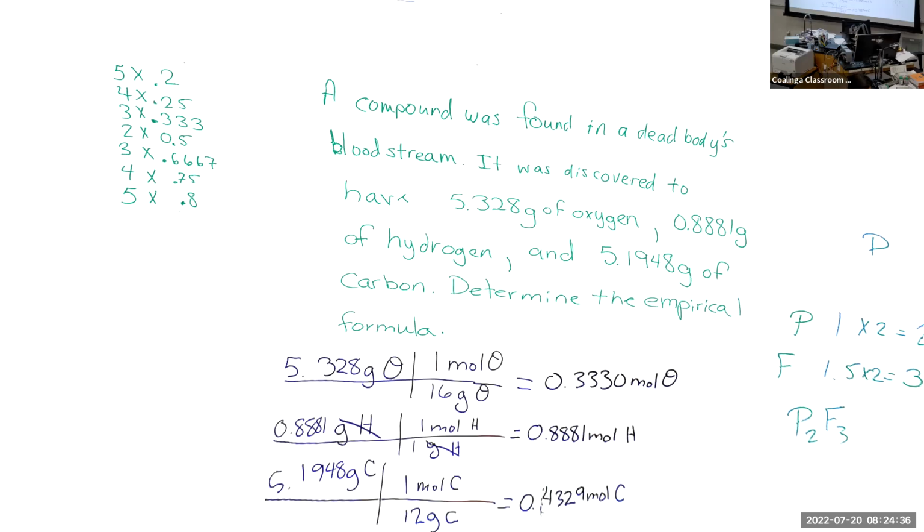Okay, so what's next? Divided by the smallest. The smallest is 0.333. Divided by 0.333, so you get 1 for oxygen. So you don't think it's a 0? I did it too. 0.333.